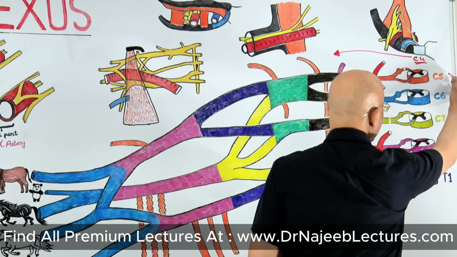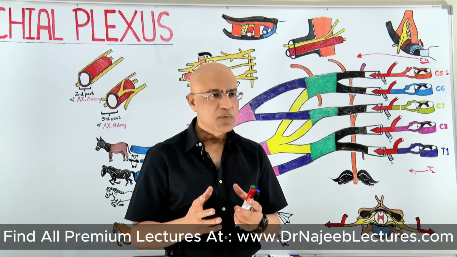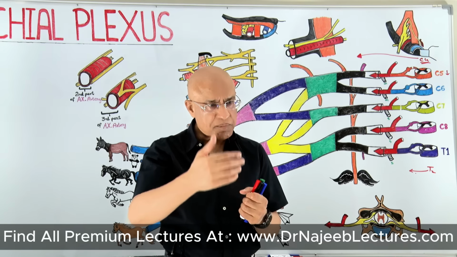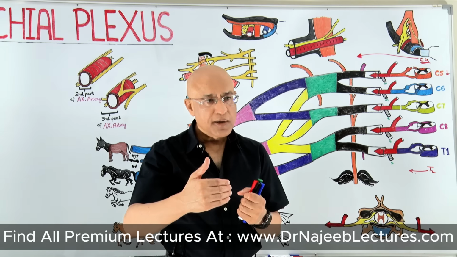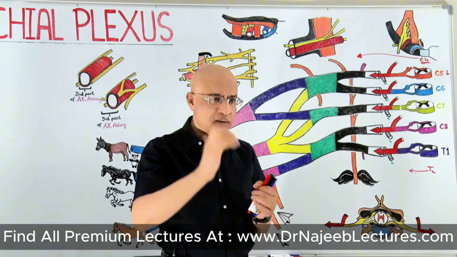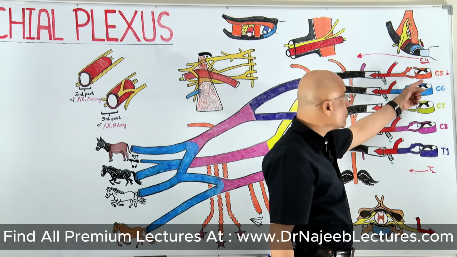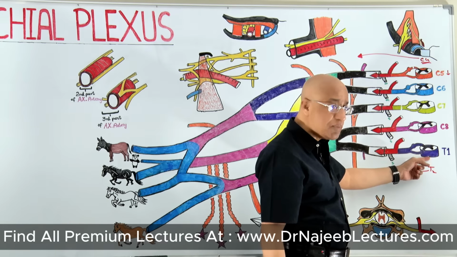Again, listen. What is the brachial plexus? The brachial plexus is basically a network of neuronal fibers which are originating from the neck, from the cervical spinal cord, and also from the upper thoracic. Most classically, the fibers contributing to the brachial plexus are coming from spinal cord segments C5, C6, C7, C8, T1.